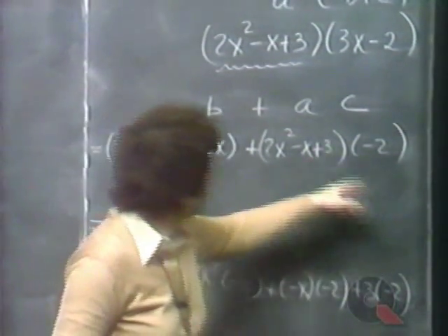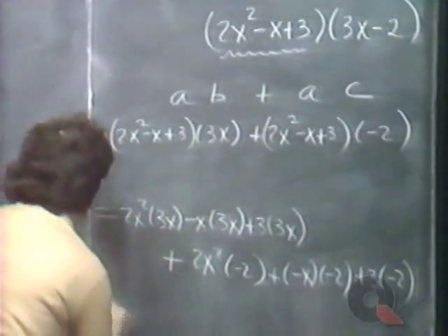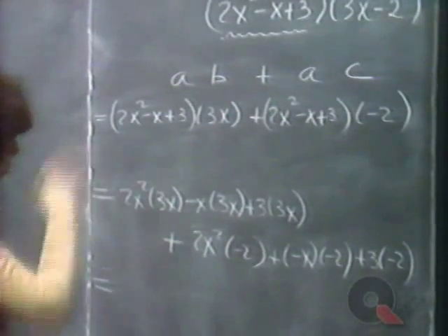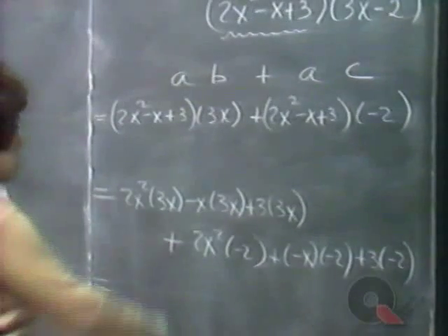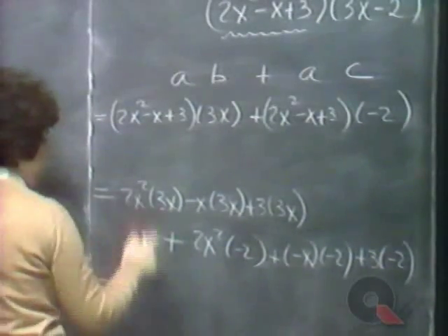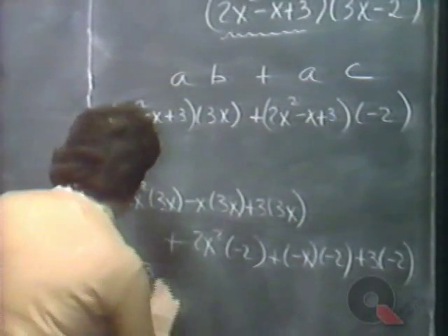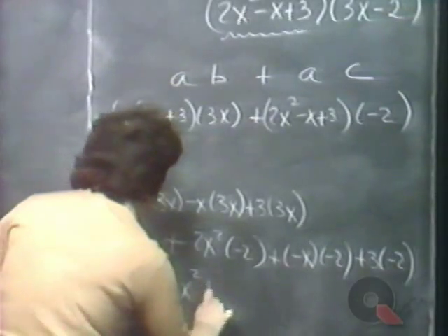So what we've done is broken this whole thing down into a lot of monomial times monomial multiplications. The first one gives us 6x cubed, then minus 3x squared plus 9x.